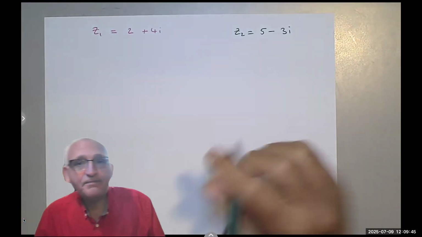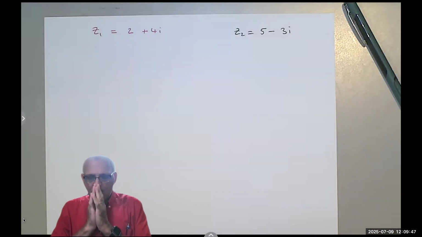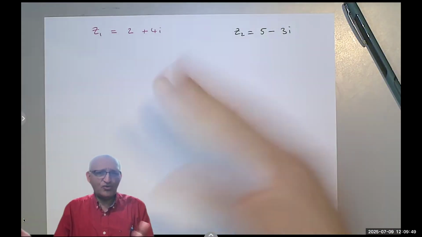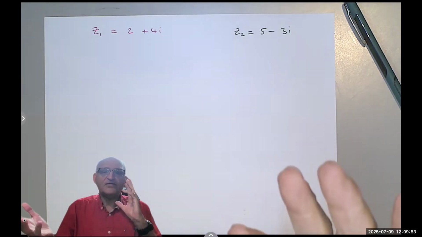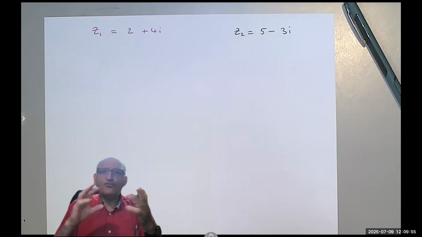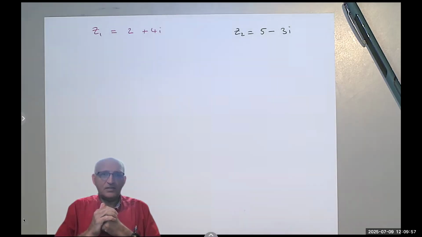And I want to multiply these two complex numbers. We learned how to do the multiplication, but I want you to look at it from a different perspective, the perspective of what's really going on here.